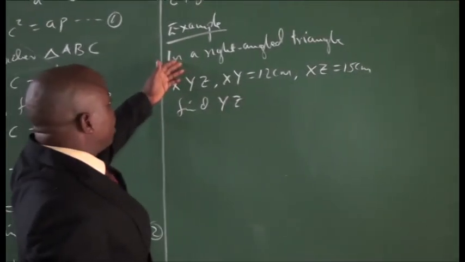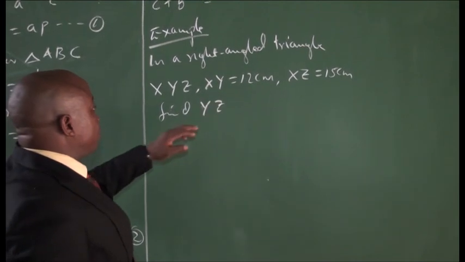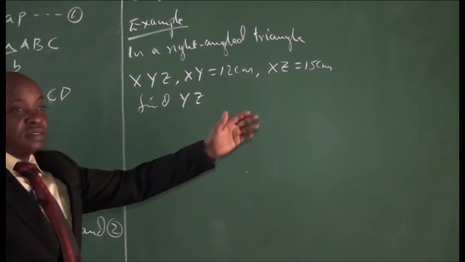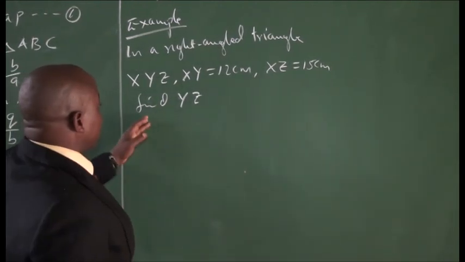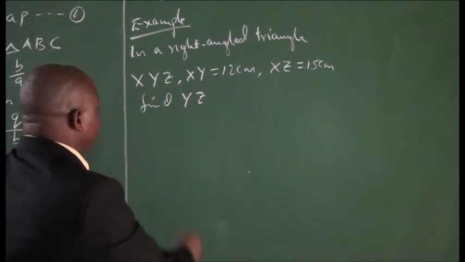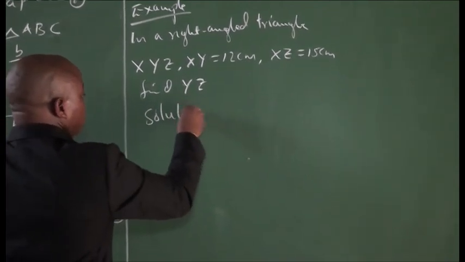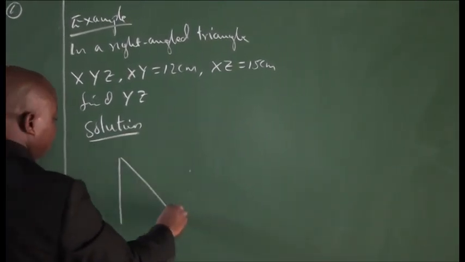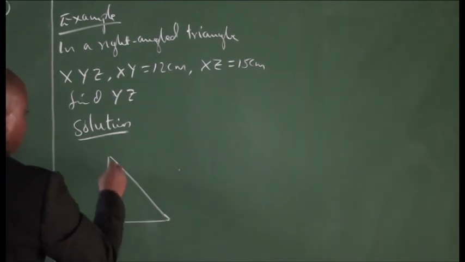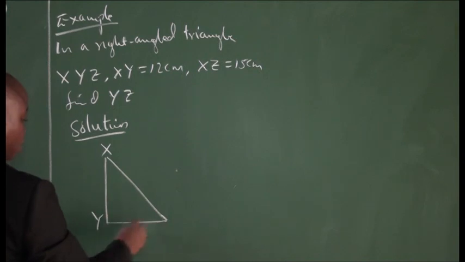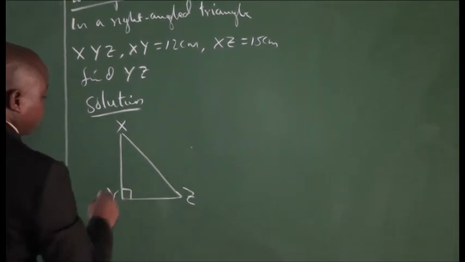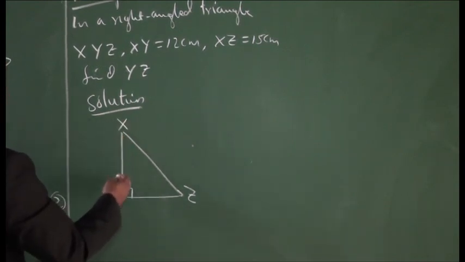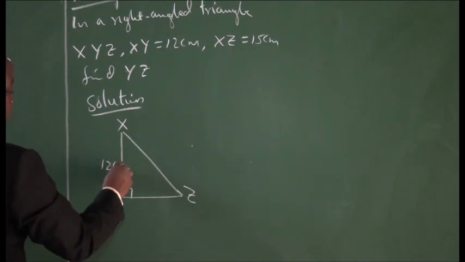For example, in a right angle triangle XYZ, XY is 12 centimeters, XZ is 15 centimeters, and then find YZ. So we'll draw the right angle triangle. This is X, Y, and Z. It has a right angle here. So XY is 12 cm.